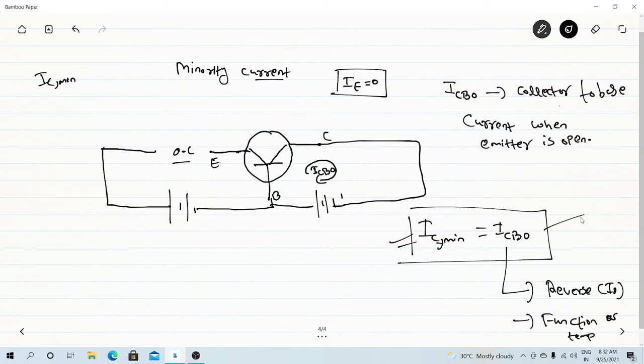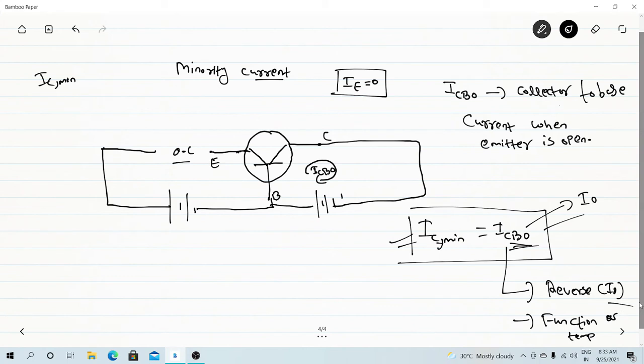Exactly, this is the same as our reverse current in the PN junction diode. In a typical PN junction diode, what we saw was I naught, which was a function of temperature. So this ICBO is also a reverse, minority current: IC minority with IE equal to 0 is equal to ICBO, exactly the same as I naught, my reverse current.